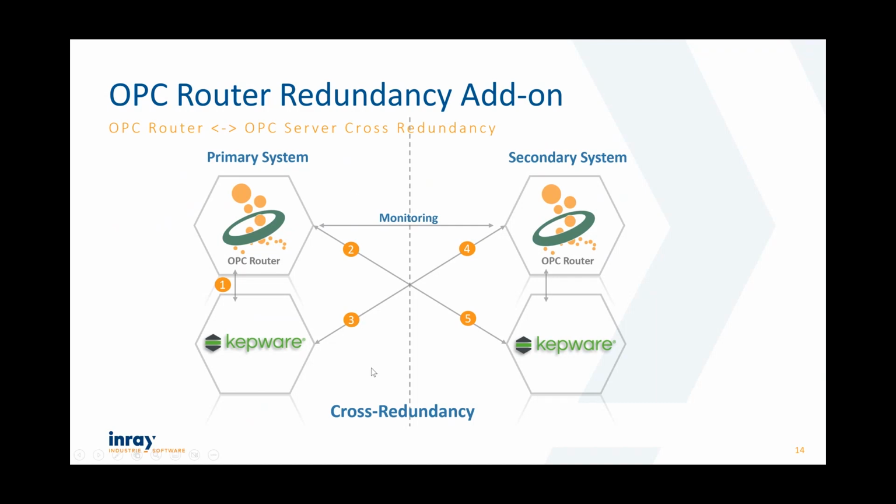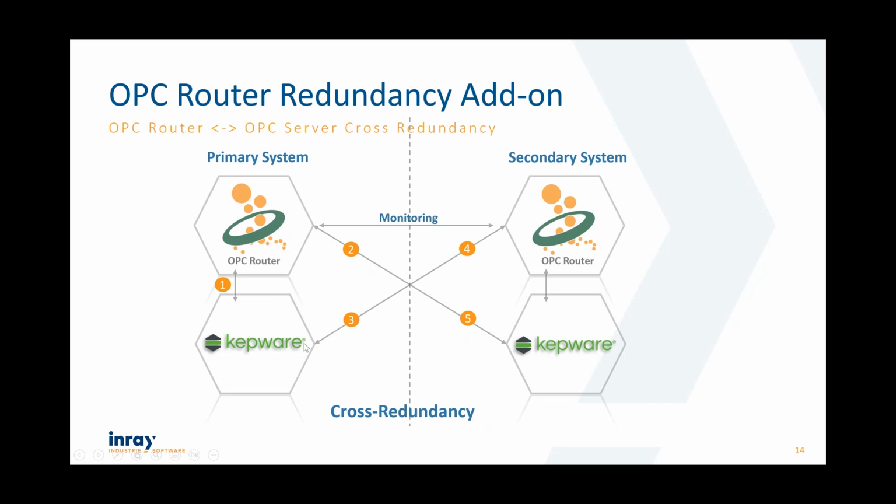If you have a need for higher availability, OPC Router offers a redundancy system. It can also work in a cross redundancy with Kepware. If you have two systems with Kepware and also OPC Router, then you can have a cross redundancy, which means if the primary OPC Router should fail, the secondary one will still communicate with the primary Kepware system.